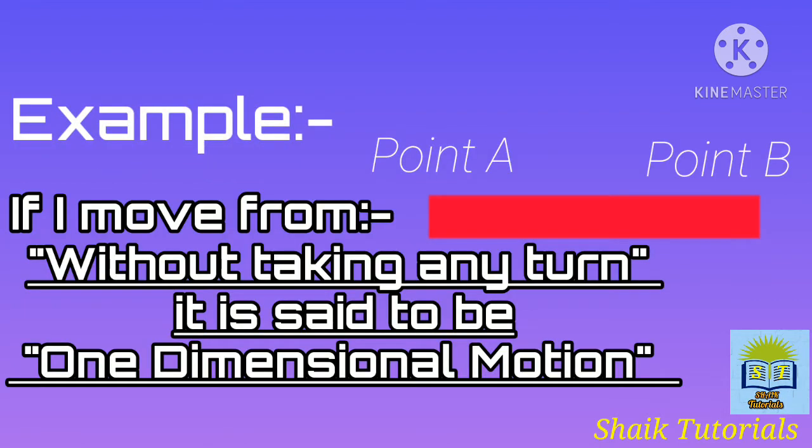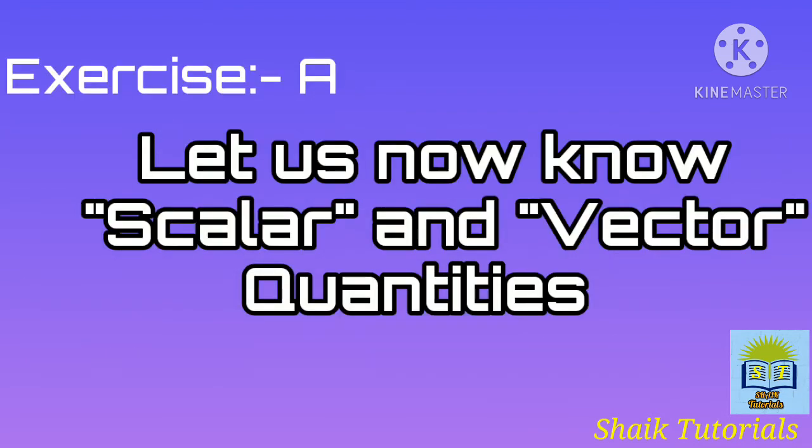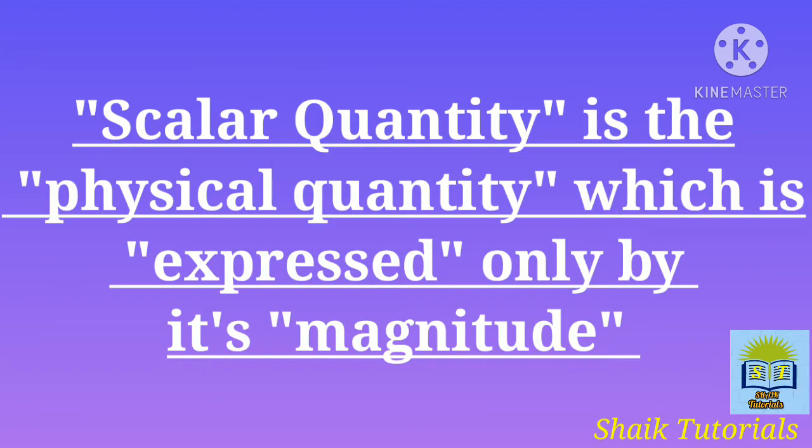For example, if I move from point A to point B without taking any turn, my motion is said to be one dimensional motion. So let's move forward, and now let us know what is scalar and vector quantity. A scalar quantity is a physical quantity which is expressed only by its magnitude.